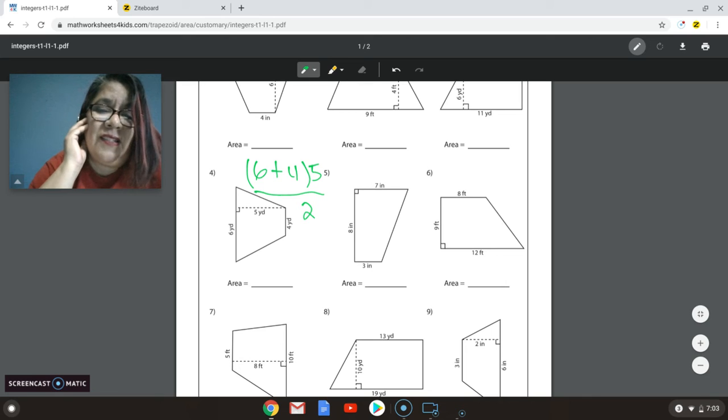What's the last step that I do? Perfect. Now that we've set up our problem, I need you to go ahead and find the area for that figure. Great job.